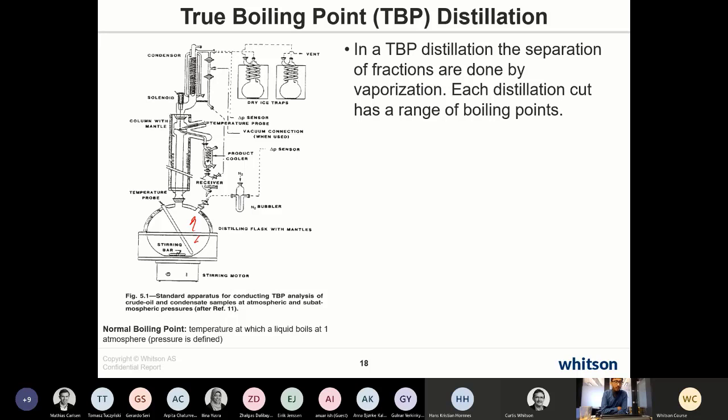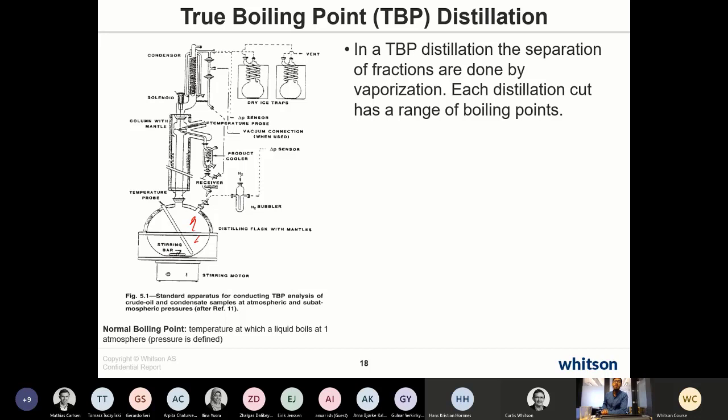You can specify temperatures that give you single carbon number cuts or refinery cuts, etc. It depends on your request, and the different analyses have different names of the experiment.